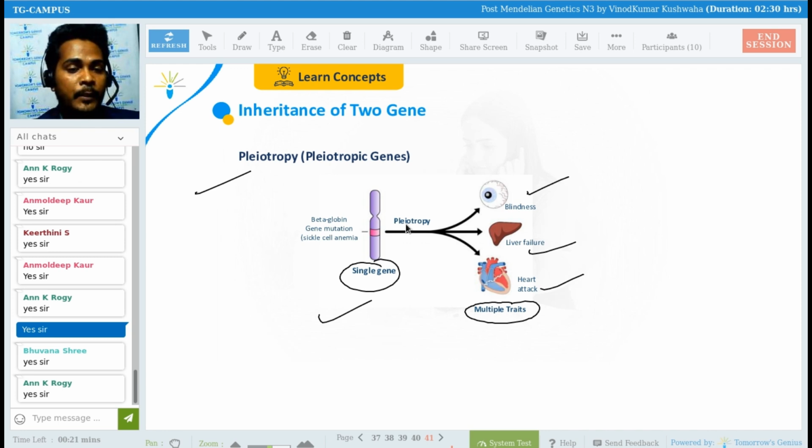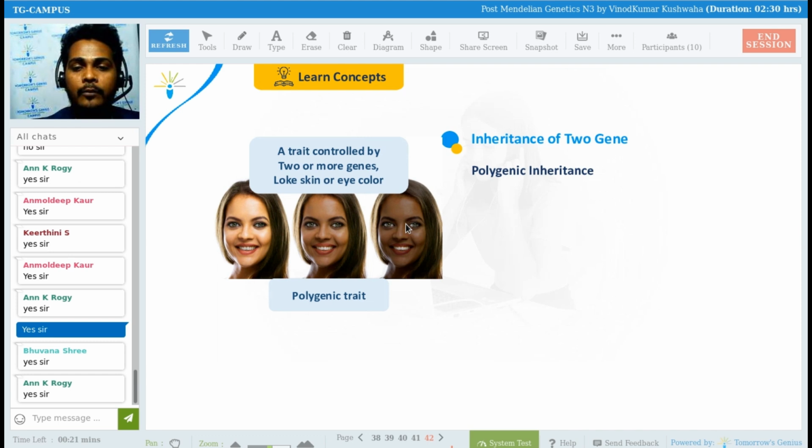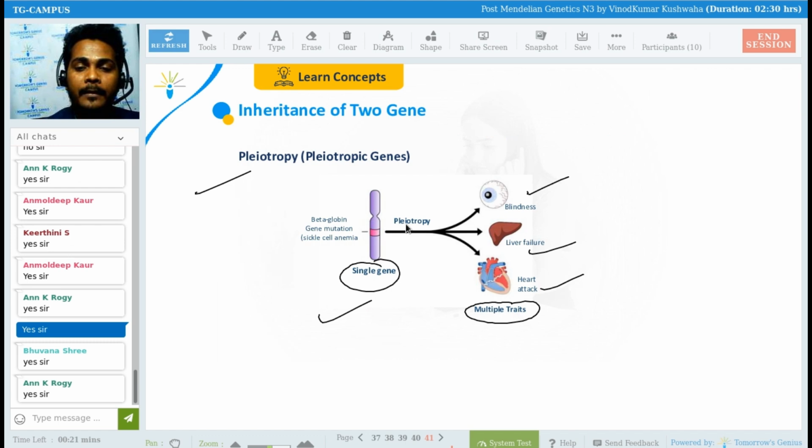So hope this is clear. What is pleiotropy? A condition in which a single gene influences more than one trait is called pleiotropy, or such a gene is called a pleiotropic gene, right? So what are the examples of pleiotropic gene?